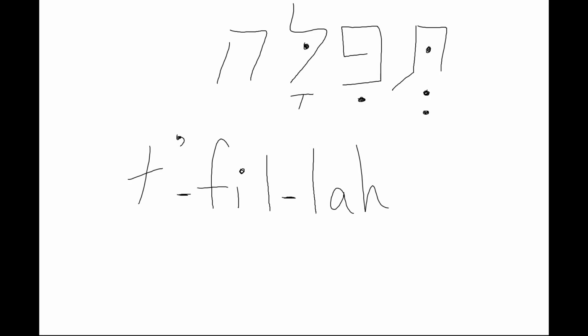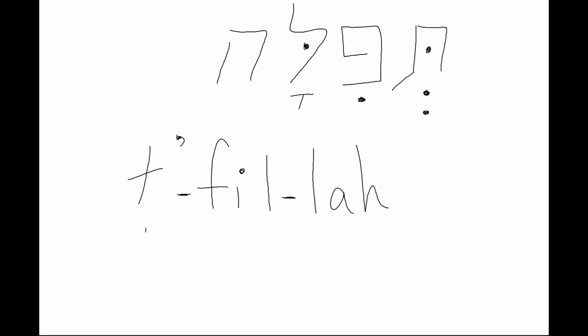Now the vocal schwa, we're going to talk about that next. But the schwa under the ta is vocal because it starts the beginning of a word, right? So in this case it'll sort of act as a vowel.